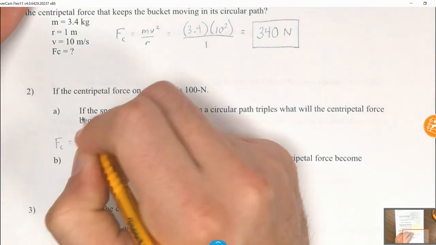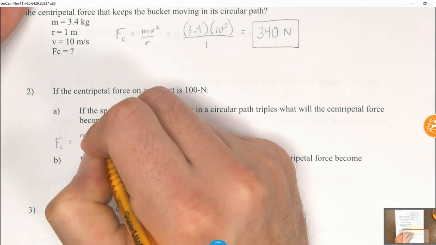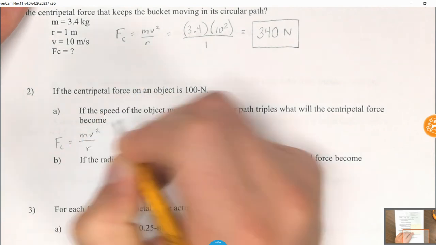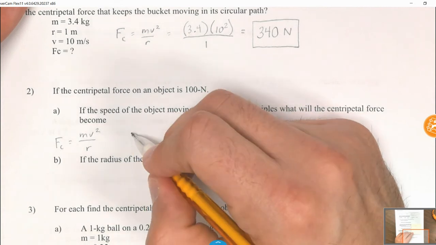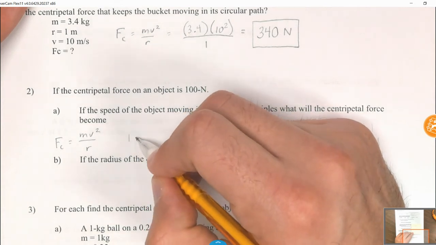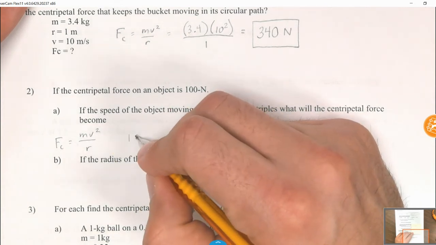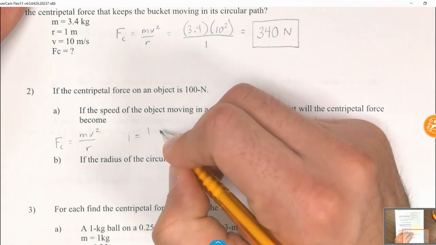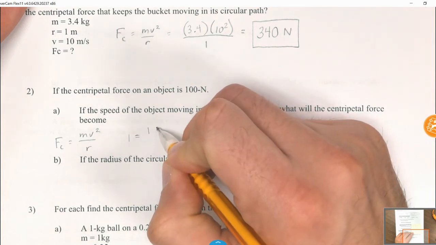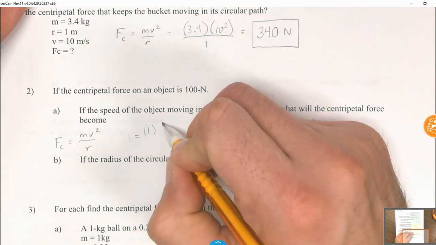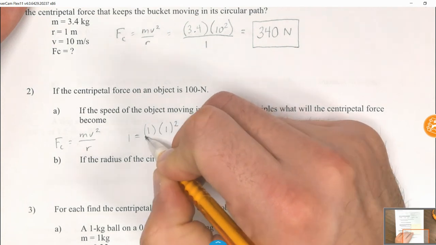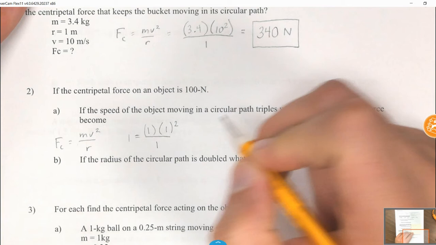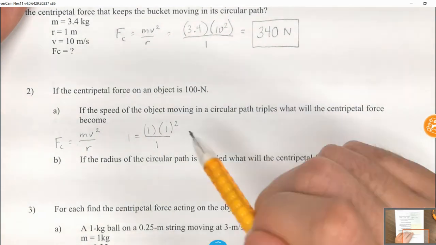So you have the centripetal force is m, v squared, over r. So when we do this, we make everybody in the equation a 1. So the centripetal force is a 1. It's equal to whatever the mass of the object is originally times whatever the velocity is originally, but the velocity is squared, divided by whatever the heck the radius is.